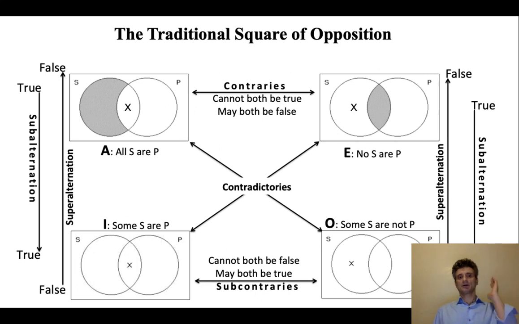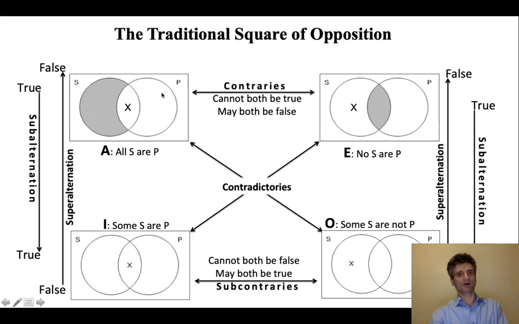If you remember, you have A, E, I, and O. So universal affirmative, universal negative, particular affirmative, particular negative. You have, as you can see, your contradictories. A and O are contradictories. E and I are contradictories.